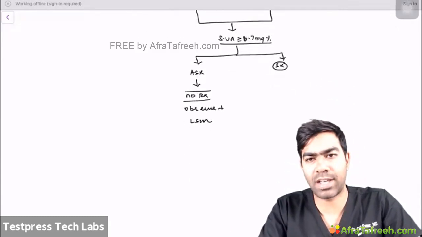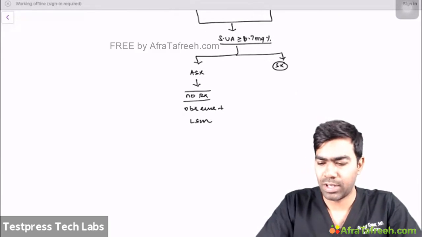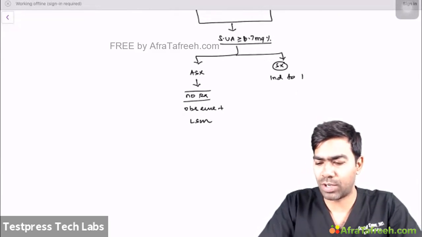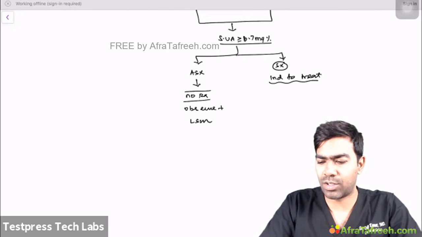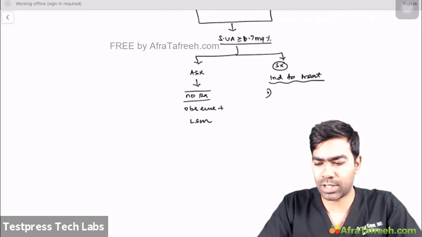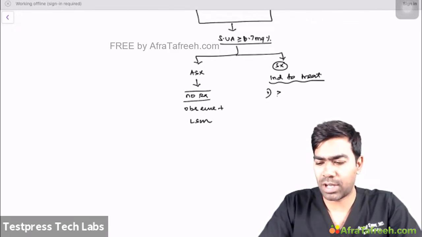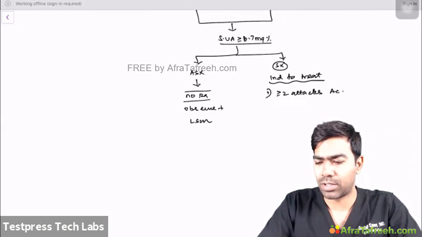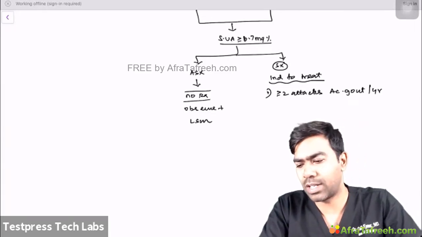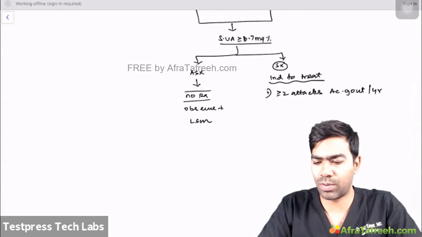On the other hand, if the patient has symptomatic hyperuricemia, in that itself, we have some indications to treat. So what are the indications to treat in the setting of symptomatic hyperuricemia? For example, if the patient has at least 2 attacks of acute gout in the last 12 months, in a year.